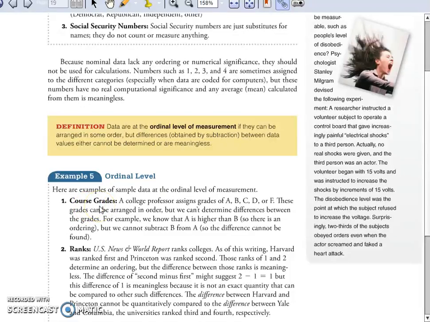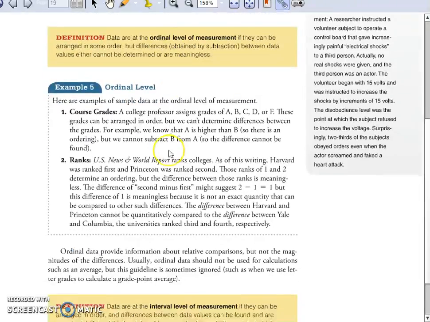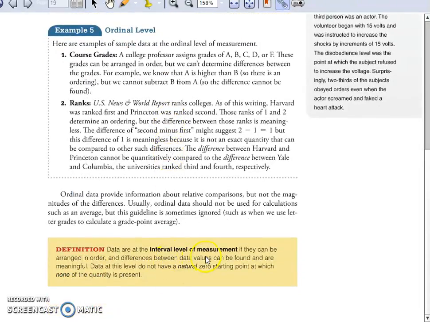And so something like this is going to be ordinal examples, course grades. So what's going to happen is I have what? Order matters. My course grades. Does it matter if you get an A or an F? Absolutely. So course grade is going to be ordinal because order matters. There's also interval data. They can be arranged in order, and differences between data values can be found and are meaningful.